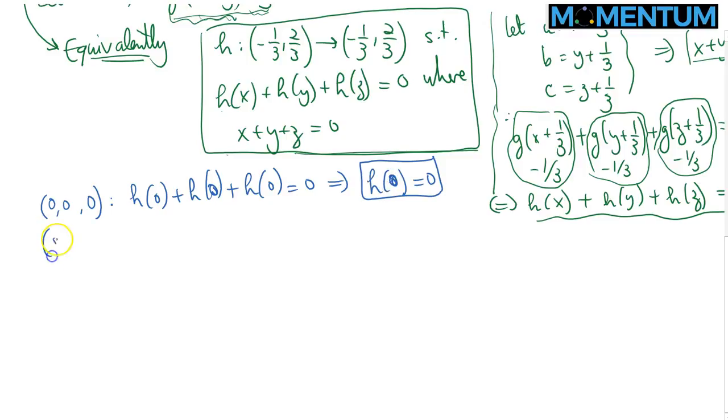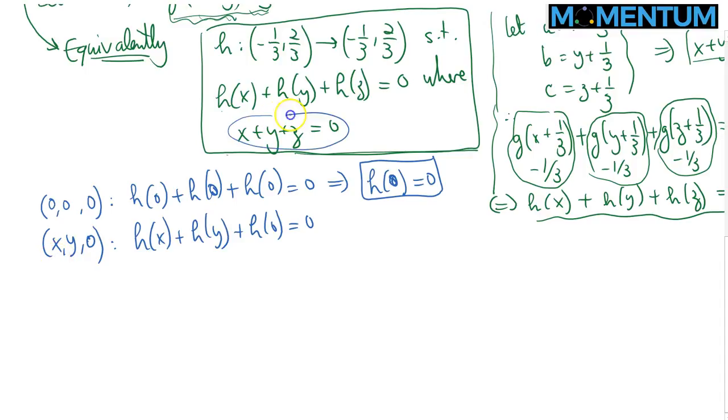Now the second one, like we said earlier, x, y, 0 here, that would give us h of x plus h of y plus h of 0 equal to 0. Obviously I ignored this condition, so I need to be careful. I can't just say x and y. I should rather say, for instance, y and minus y.